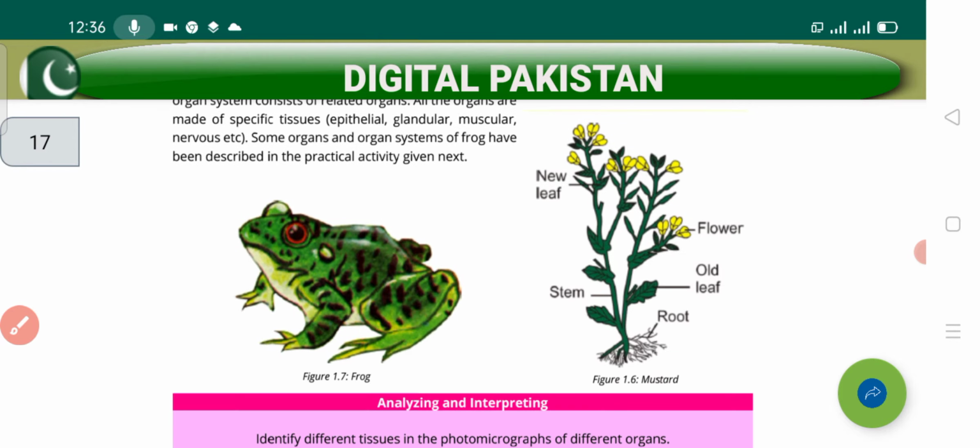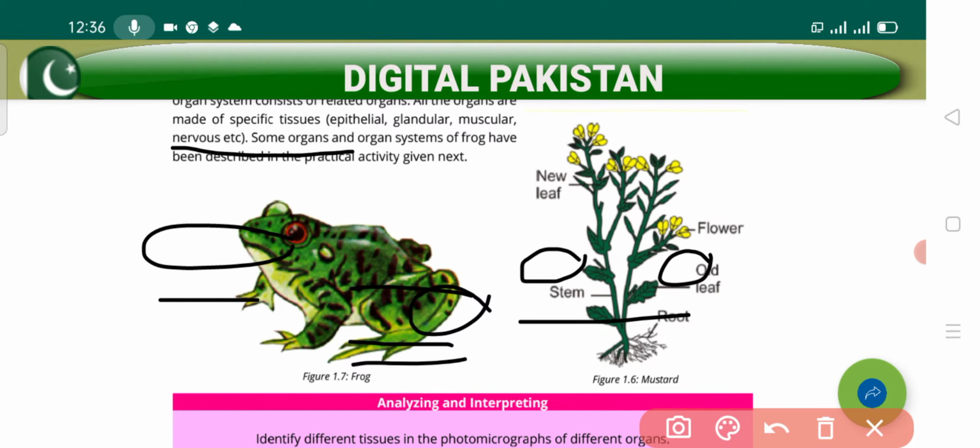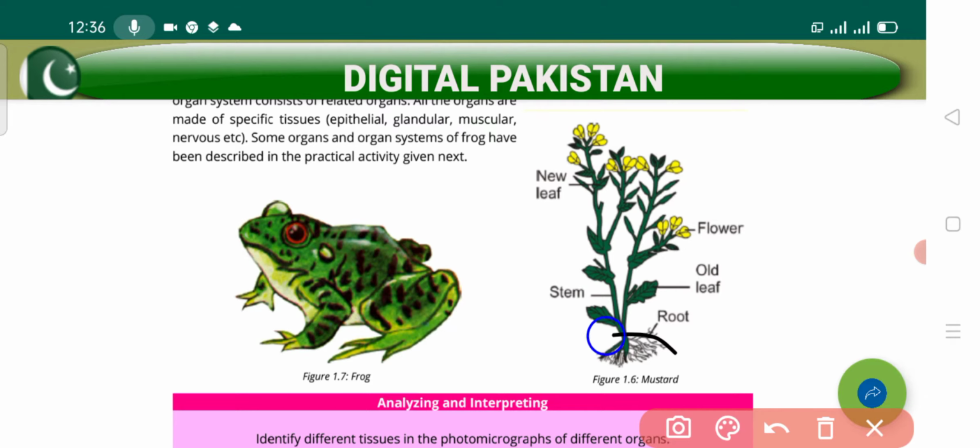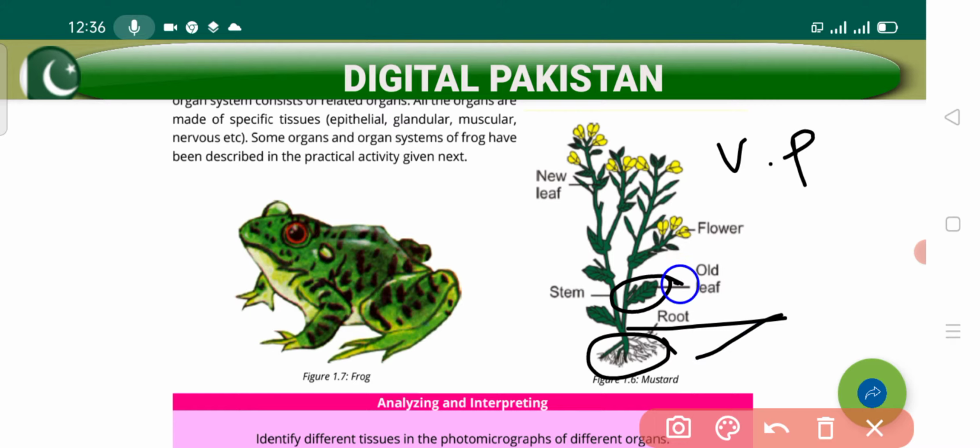So, this is the plant named Brassica campestris. You can see here, student, the root, stem and the leaves. They are known as the vegetative part of the plant, because these parts of the plant are not involved in reproduction.